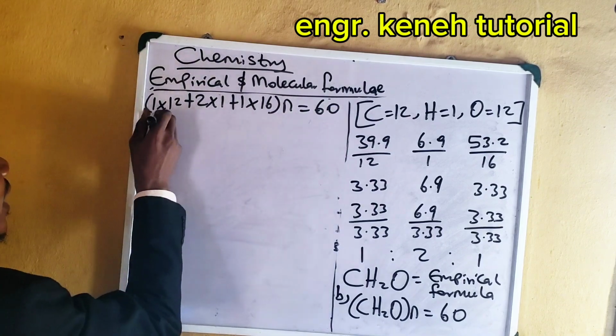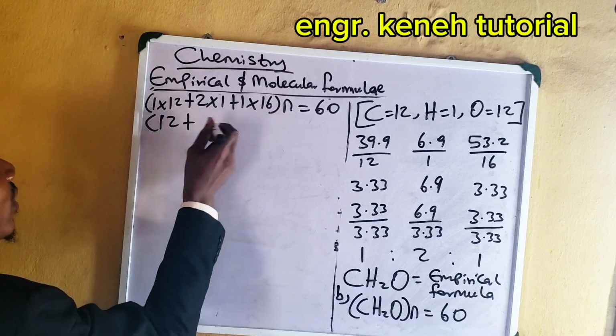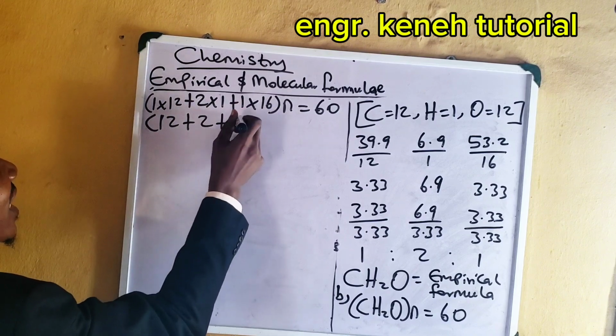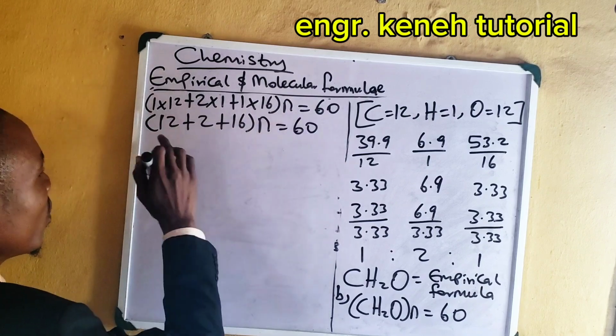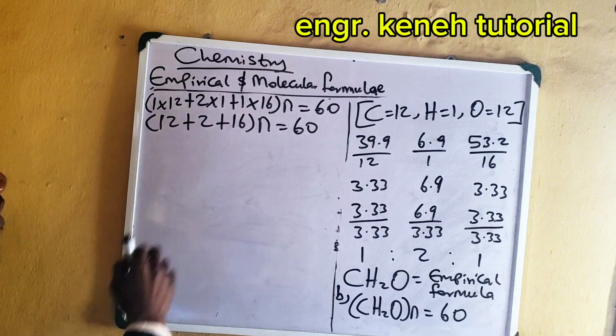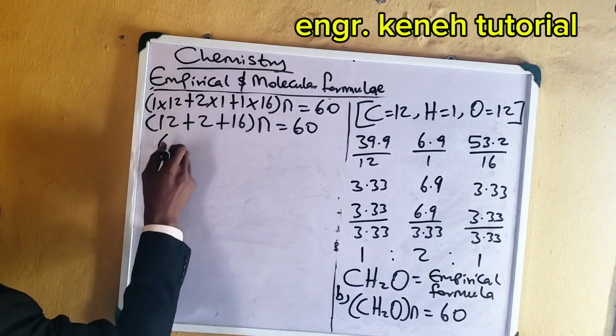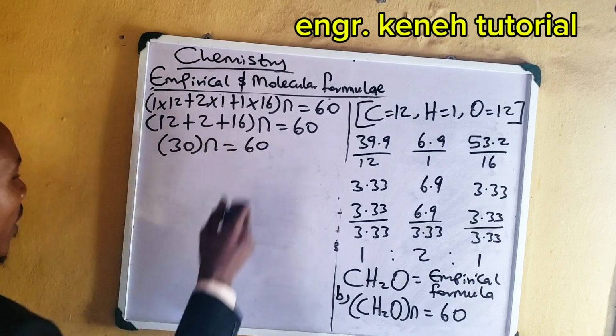All right. So here 1 times 12 will give us 12. 2 times 1 will give us 2, and 1 times 16 will give us 16. So you add up: 12 plus 2 will give us 14, plus 16 you have 30. Can you see that? All right.